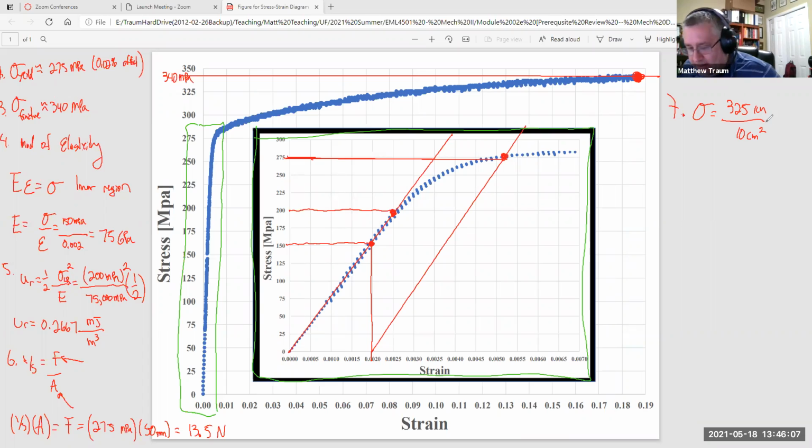And I end up getting that the stress is 325 megapascals. The good news is that I'm not above the fracture strength. So this thing, at least the way that I've loaded it, won't actually fail. It'll plastically deform, but it won't fail catastrophically.